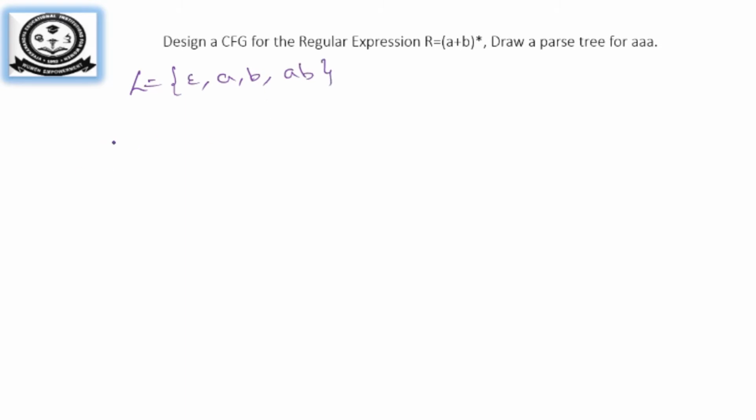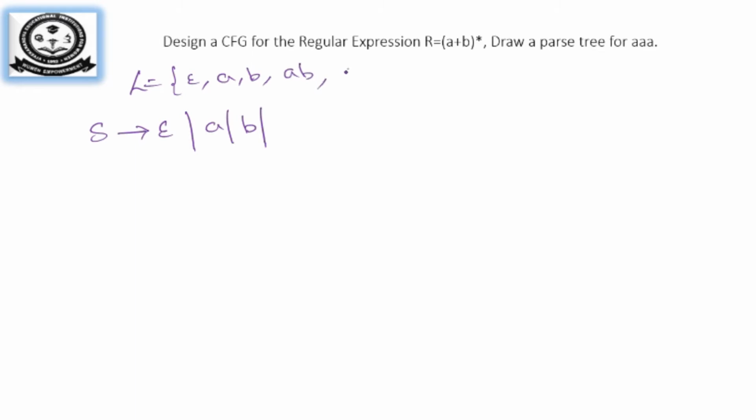So how to form the context-free grammar? We'll have S tends to epsilon, so it can be empty, it can be A or B. So we'll write A or B. It can start with multiple A's or multiple B's.